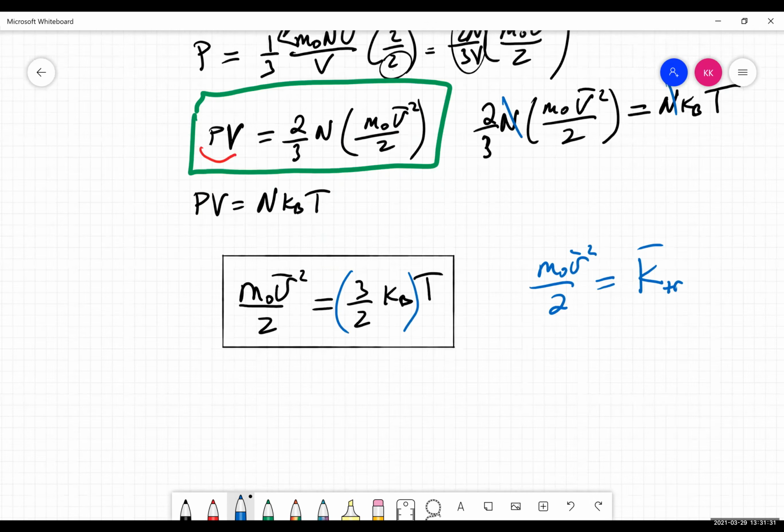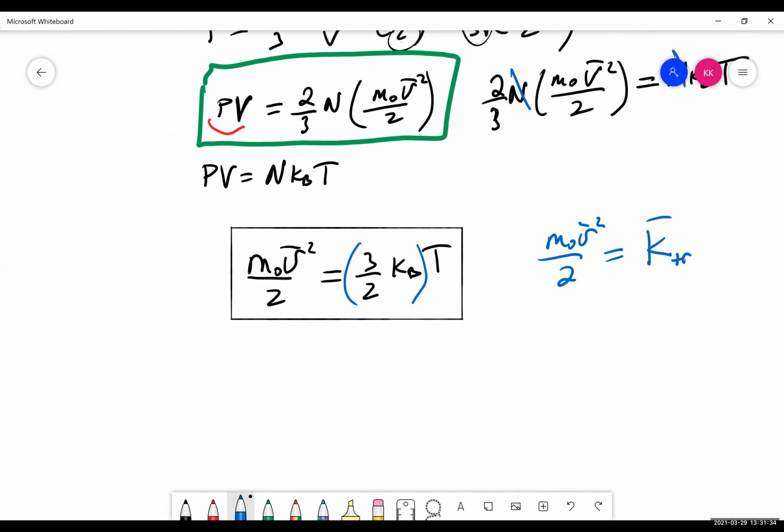So in a way, what we have is a way of seeing that temperature is nothing but another way of describing the kinetic energy of your system, the average kinetic energy of your molecules. This is a more accurate way of looking at temperature. The more kinetic energy your molecules have, the faster they're moving, which means the higher the temperature in your system.